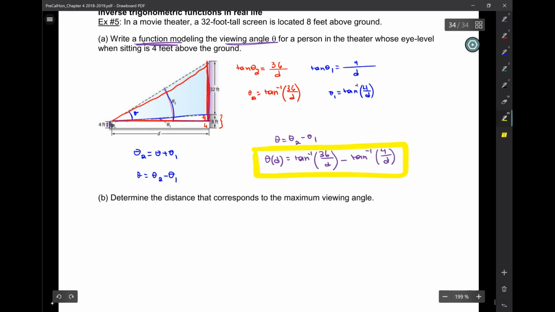So you can take that with you, and based on the parameters of any theater, you could figure out the optimal viewing angle for you.